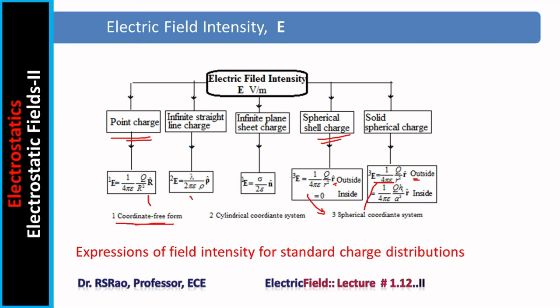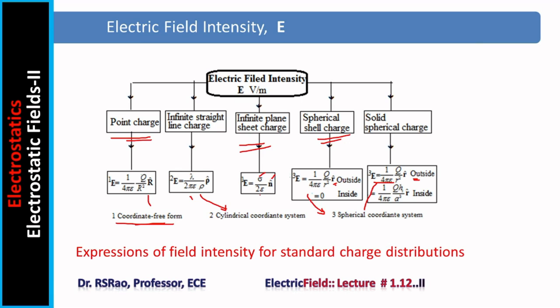Similarly, come to second one, E equal to lambda by 2 pi epsilon rho cap. So rho means it is cylindrical coordinate system, inversely proportional to distance. E equal to sigma by 2 epsilon n cap. This is for infinite sheet charge. Here there is no coordinate system. Sigma means surface charge density, n cap means normal to surface.